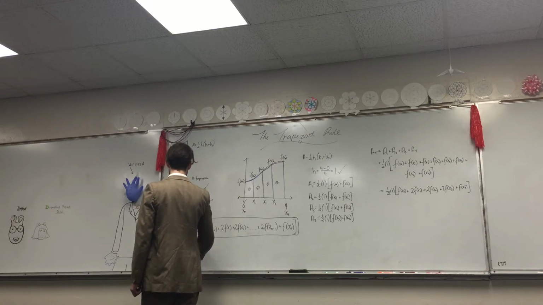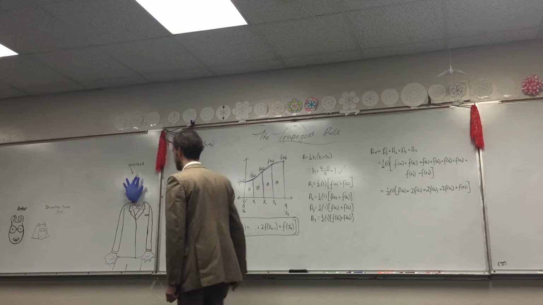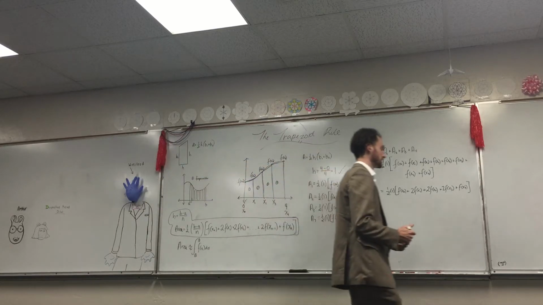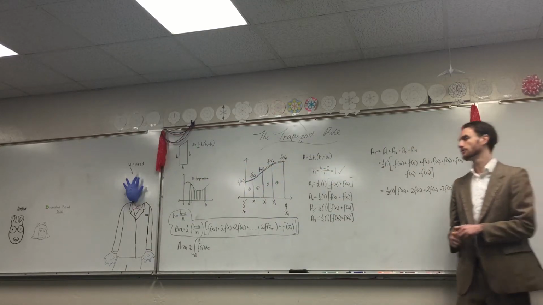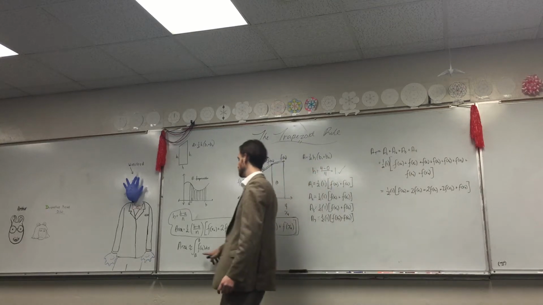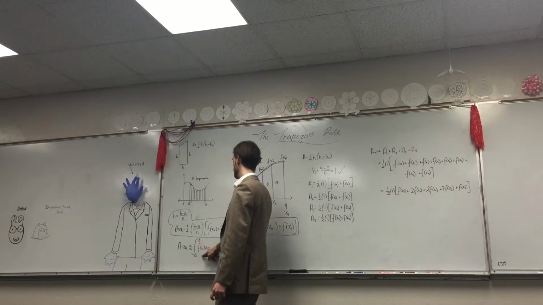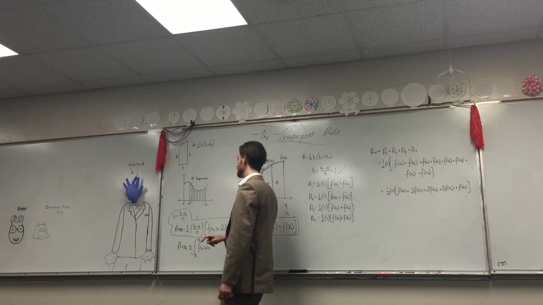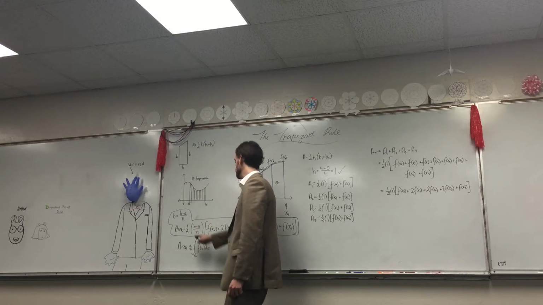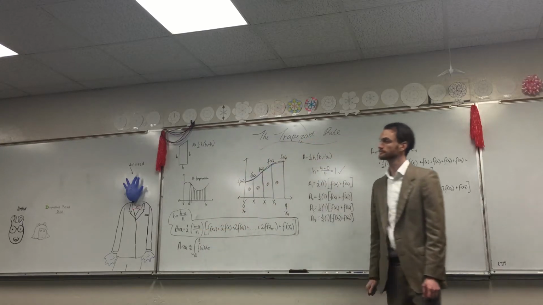And is it exactly equal to it, class? No, approximately. It's just an approximation. So if I asked you to find an approximation for the integral from a to b of f of x dx using the trapezoid rule, you do this. Okay?